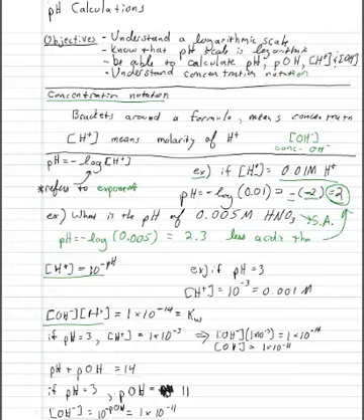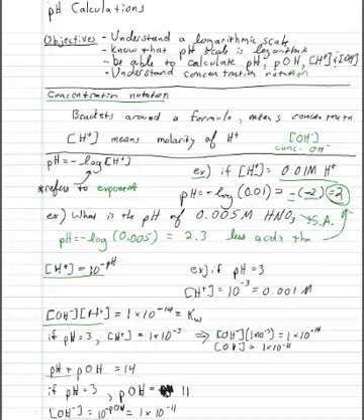So, for example, if my pH is 3, let's use the previous example, my hydroxide concentration times my hydrogen ion concentration equals 10 to the negative 14. And I can refer to some of my exponent rules, and my concentration of hydroxide is 1 times 10 to the negative 11th. Let's go down.